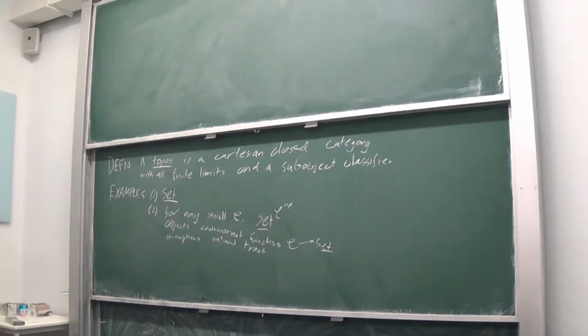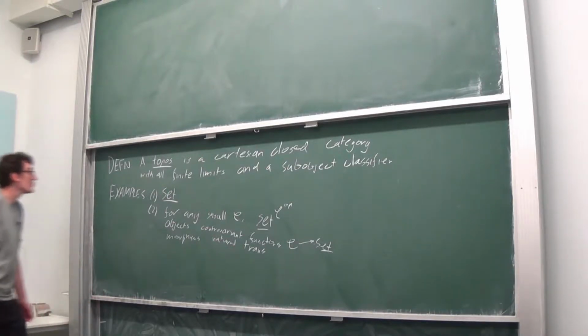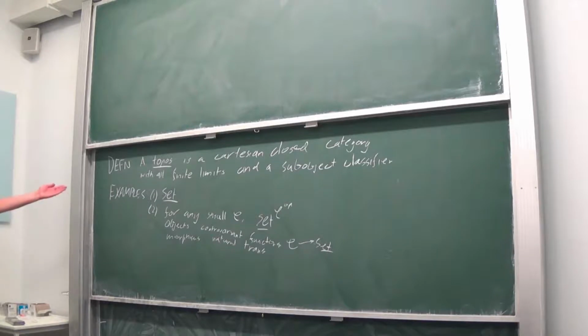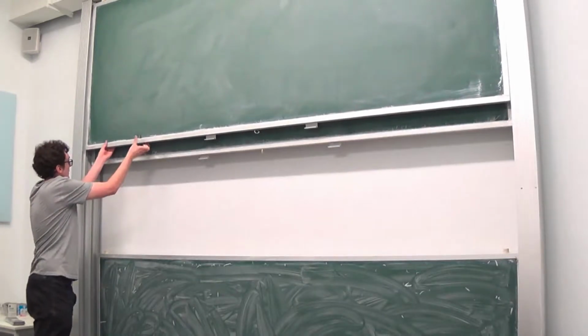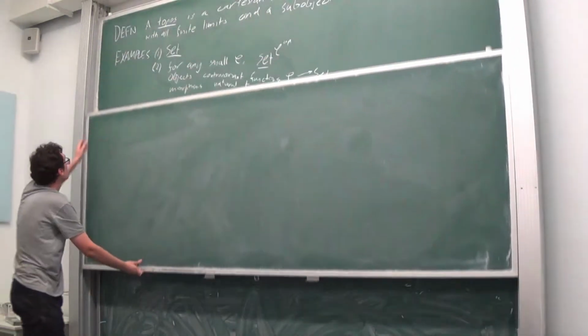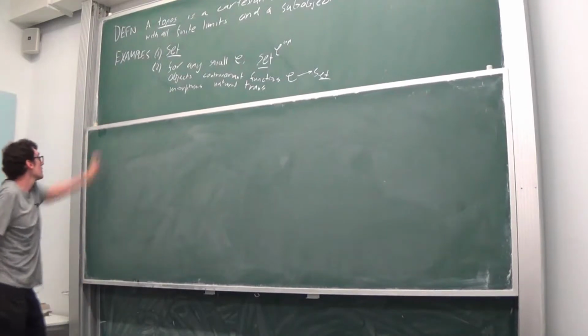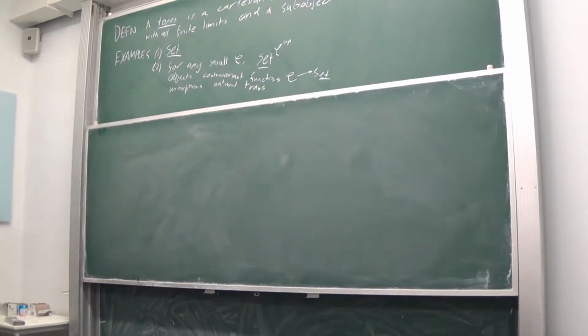All right. So with some examples out of the way, I will move on to the first part, which is discussing what finite limits are. I'll begin with a motivating example of this.